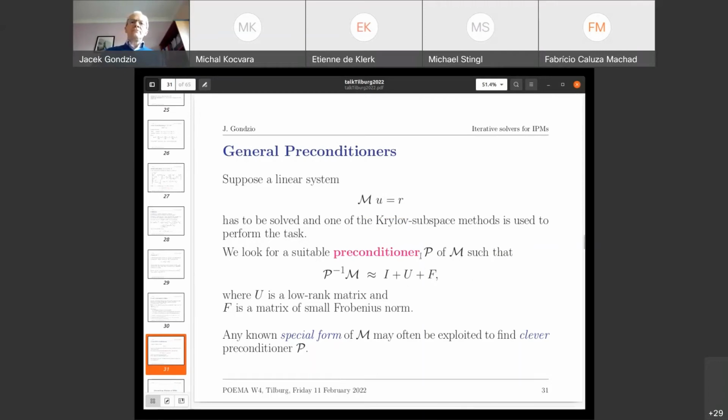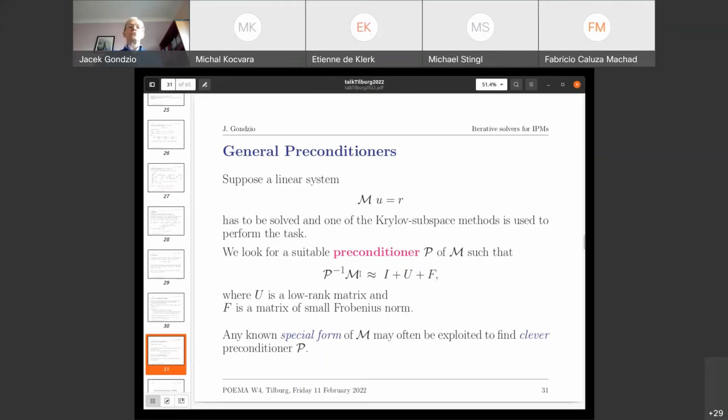And we would like to find a preconditioner, a matrix P, which reasonably well approximates the matrix M. The typical requirement is that the inverse of P times M would give us something close to identity, if not very close to identity, then maybe differing from identity by a low rank matrix U, or maybe some other form of perturbation, the matrix F, which has small Frobenius norm.